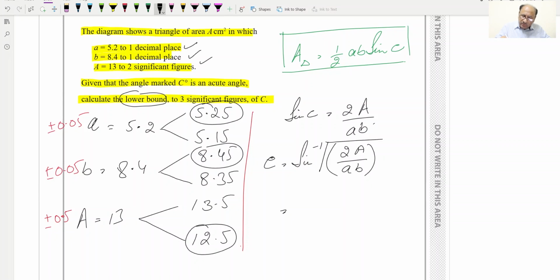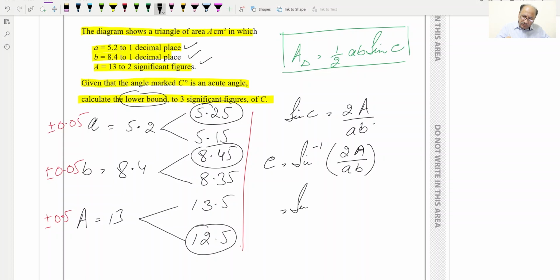So to get the minimum answer for this portion, we have used the lower bound of A and the upper bound of A and B. Hopefully you understood each and everything.